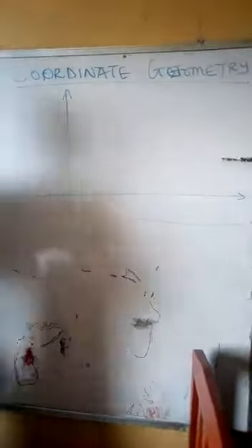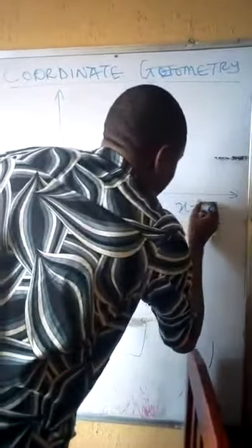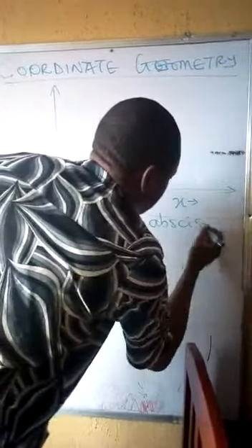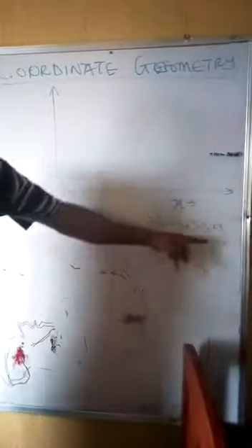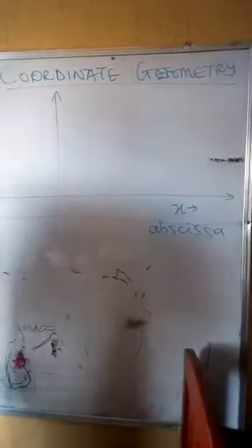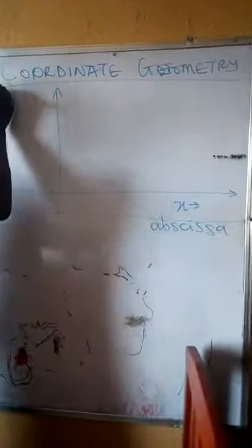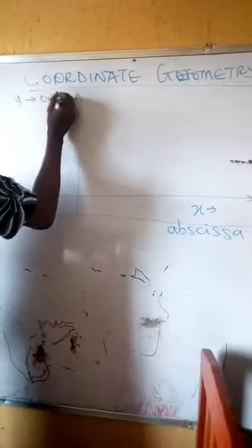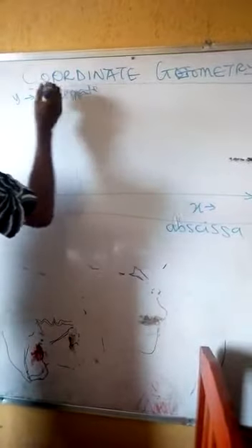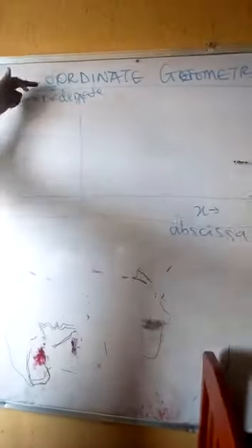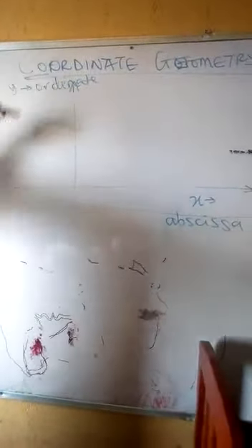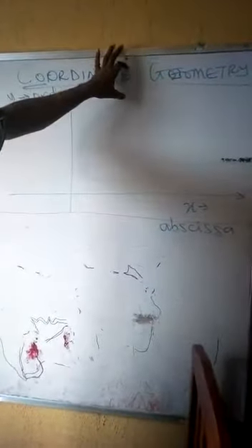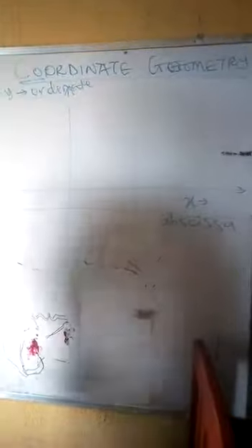And on the graph, you have the x-axis, which is called the abscissa. Pardon my spelling, please confirm the correct spelling. And then you have the y-axis, which we call the ordinate. And whenever you see co, it means group, 2 or more. So coordinate, 2 or more ordinates. That's points on the line.